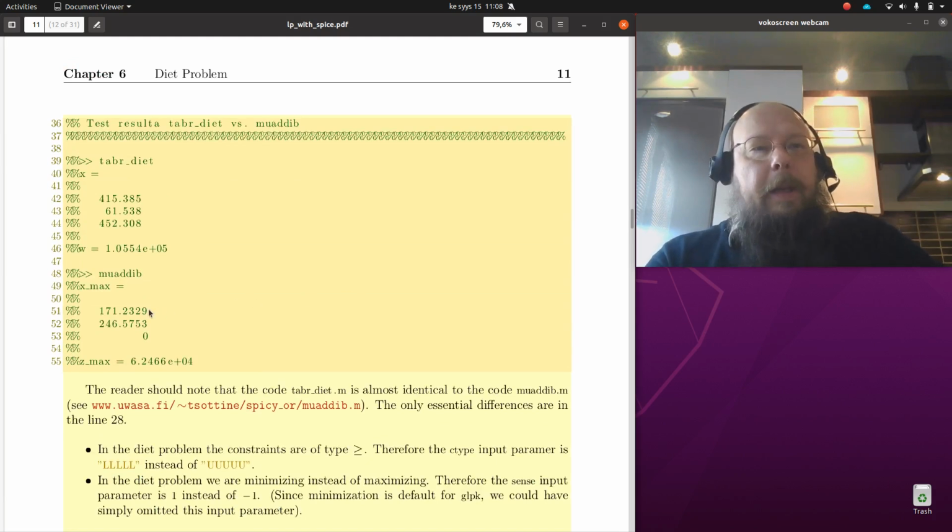More deep daily makes 171 Atreides, 246 Corrino, and no Harkonnen cakes at all. What we want to buy is 415 Atreides cakes, so there are not so many daily. Let's hope that there are reserves, yesterday's cakes.